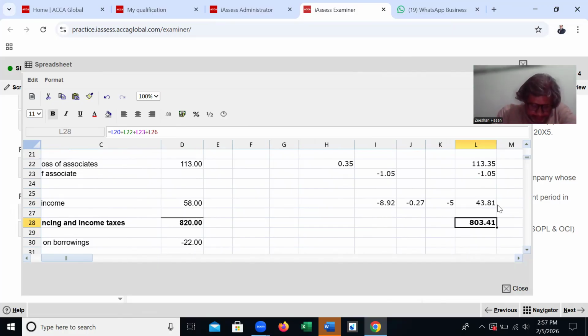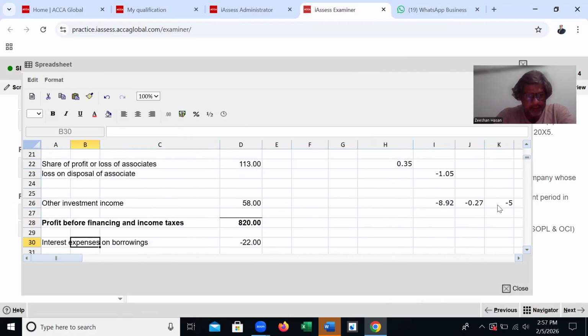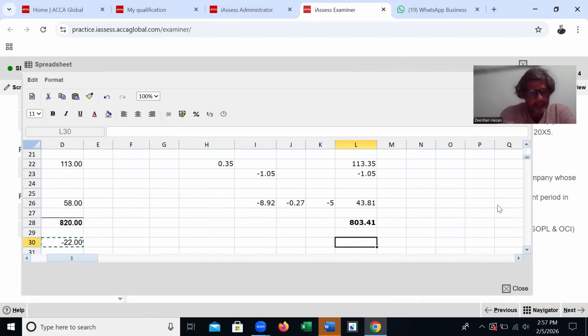Let me highlight. Nothing on interest expenses or borrowing, so we will just Control C it and Control V it.